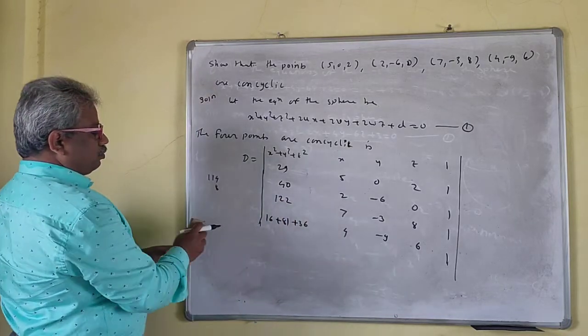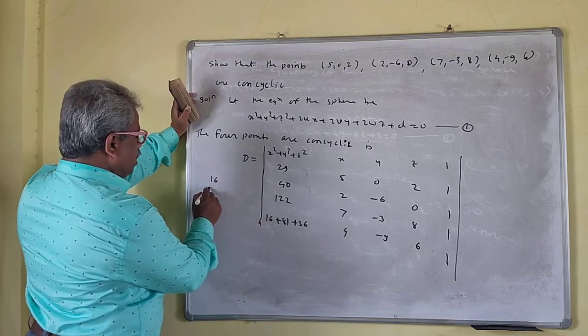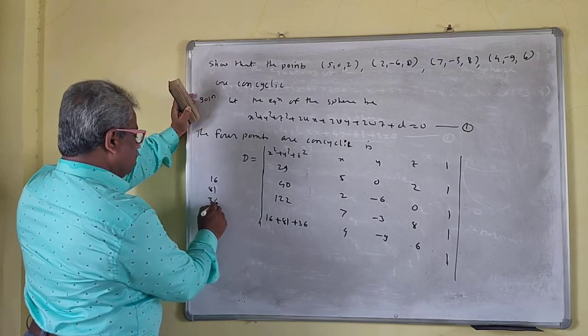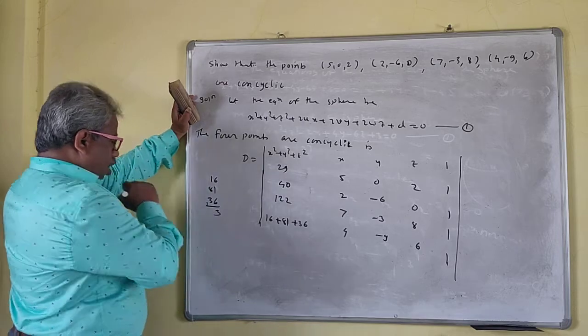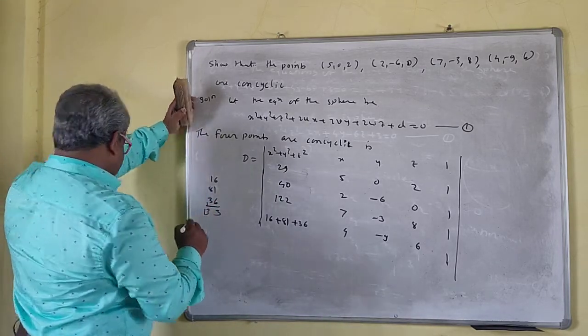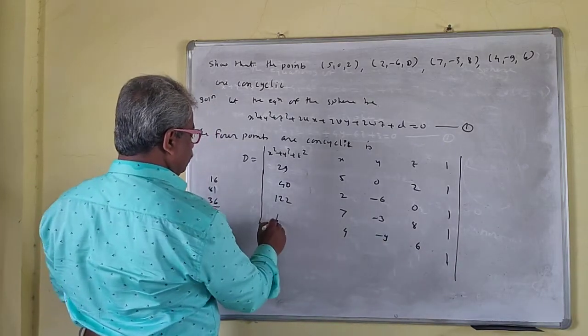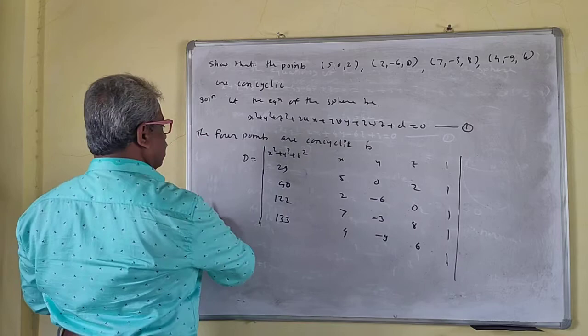So this is 122. Then 16 plus 81 plus 36 is 133.